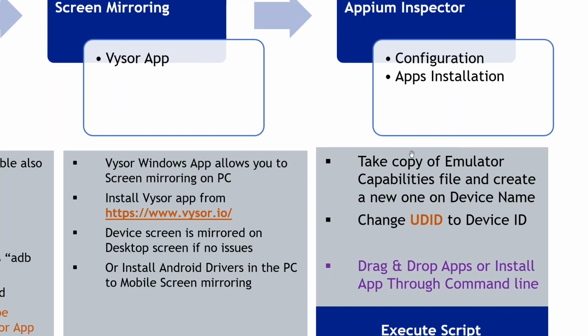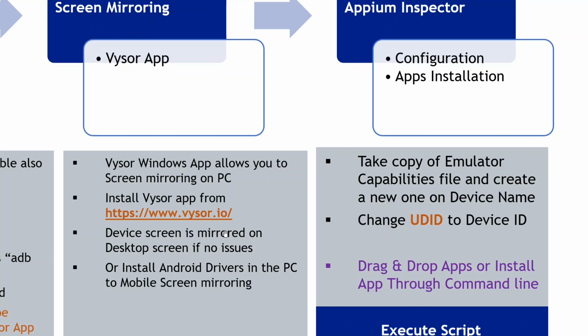Whatever device you have connected, you can see its screen in the Appium Inspector as well, just like the regular emulator. But in the capabilities, you need to give the particular UDID of the device. Once you run the ADB command, it will list out that particular ID.